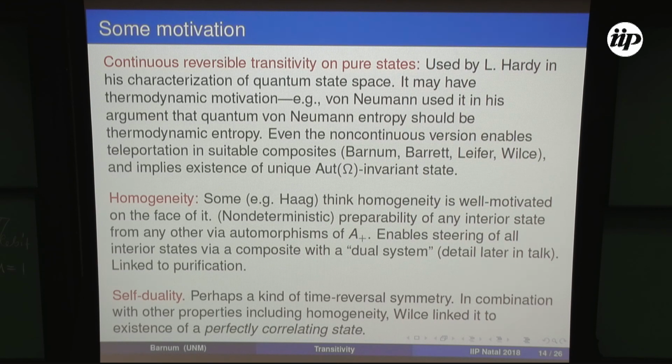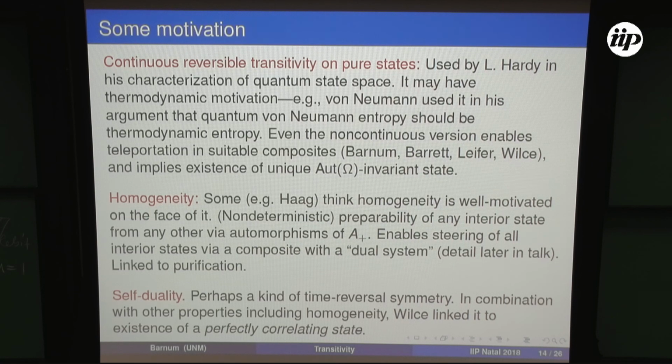I think he had a gas of particles and the internal degree of freedom was quantum, and you did some measurement on it and separated the particles based on the measurement result, and then you had some pure state ensembles and they had different pressures, and you moved some pistons and did some work, or had to do some work, and this amount of work turned out to be given by the von Neumann entropy. But he had to assume that all the pure states were kind of equivalent.